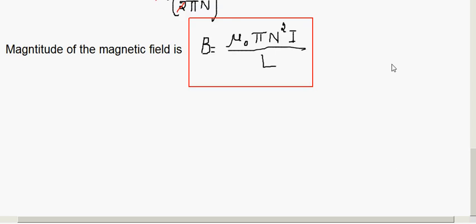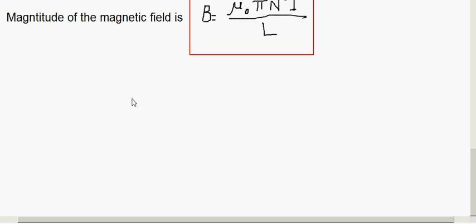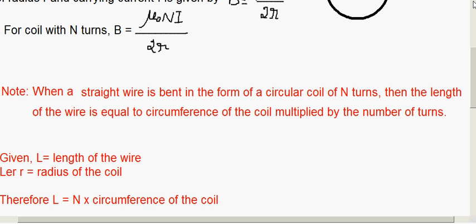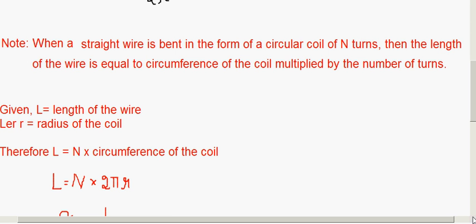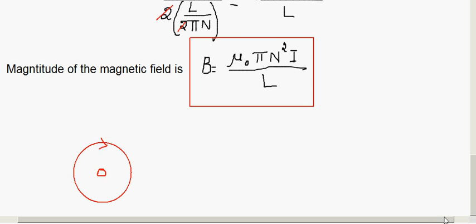I can show you here. We have clockwise current, therefore the direction is going into the plane.